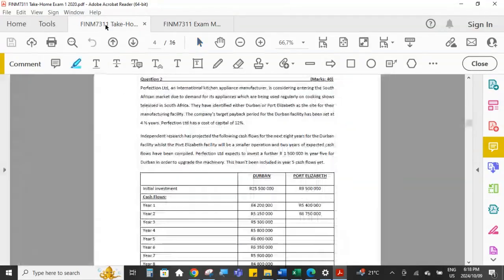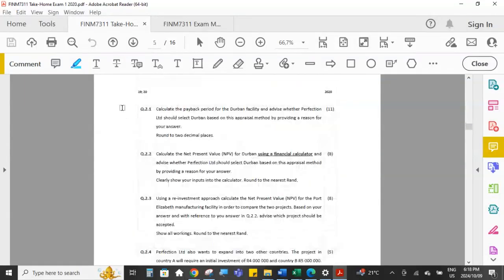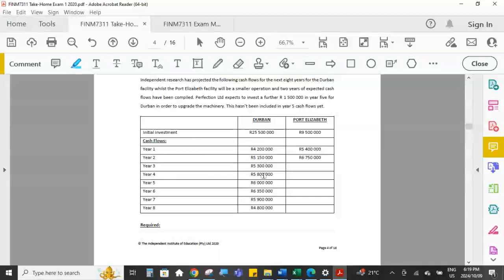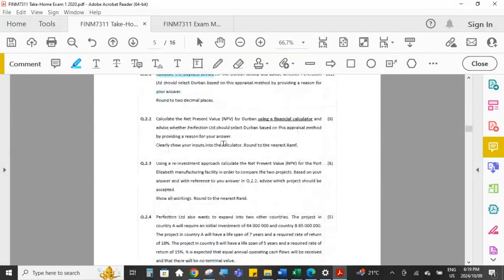In this question, they've given us a case study. Let me show you what the required is going to be. Question 2.1 asks us to calculate the payback period for the Durban facility. They've given us cash flow data for 2 facilities.